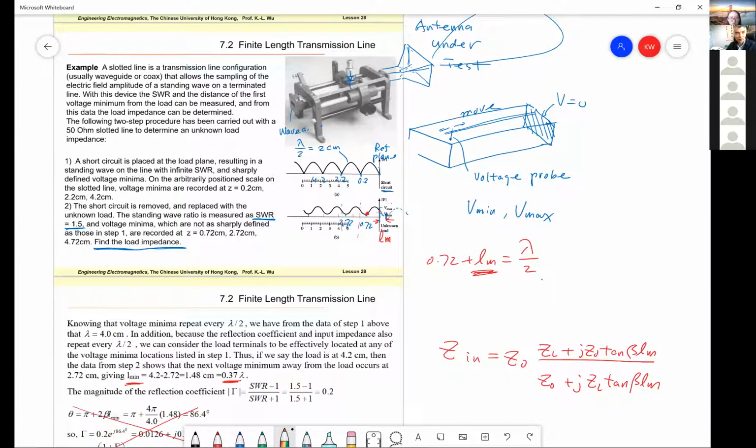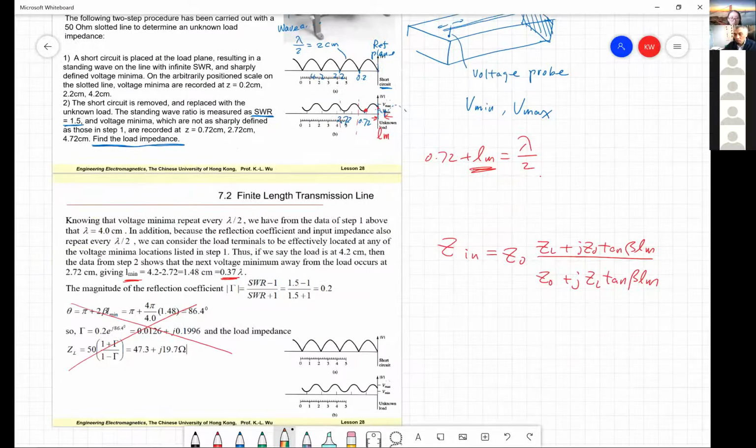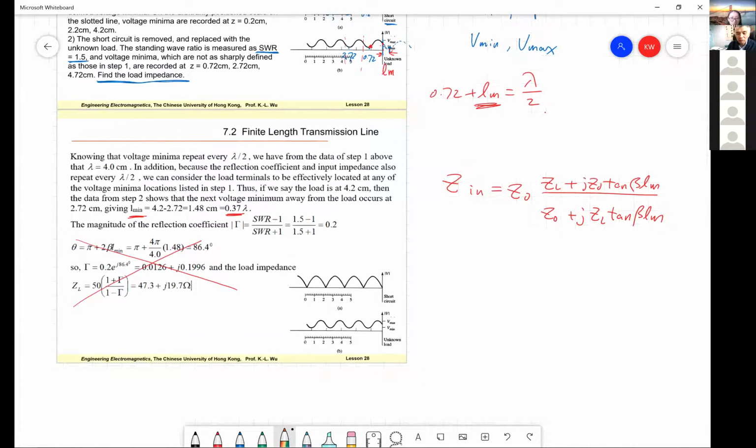That is a very innovative philosophy, and people like to use it. And this formula is too cumbersome. Don't look at this.